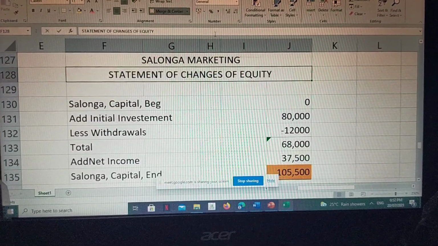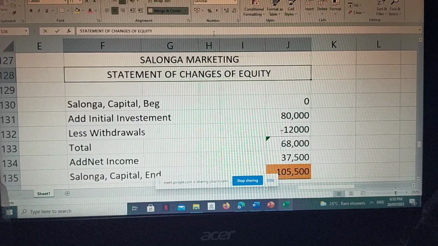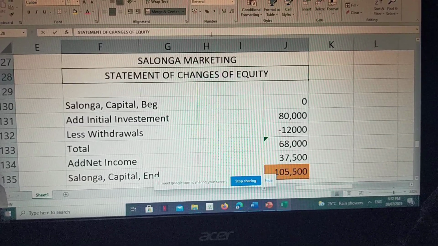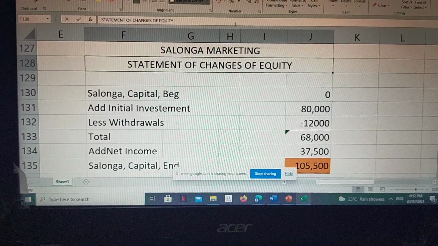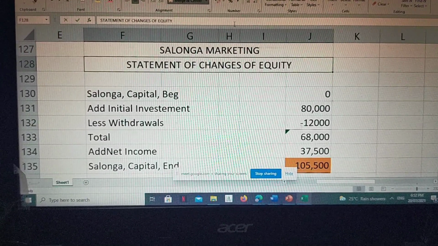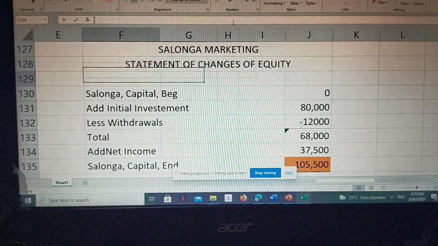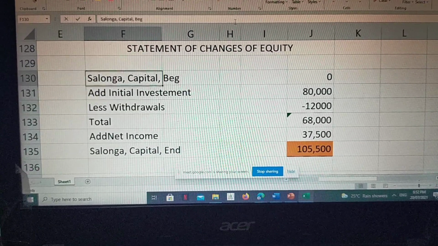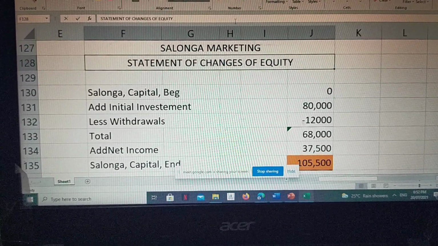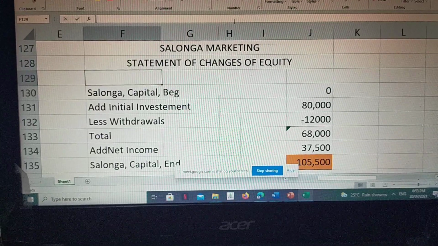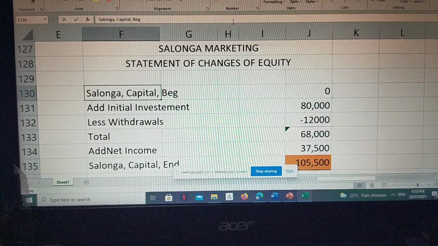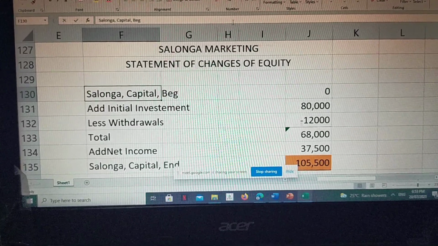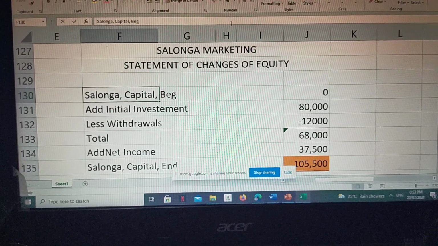That is why nag-umpisa tayo sa chart of accounts and the equation of accounting. Yung assets equals liabilities plus capital or owner's equity. Kaya tayo nag-start doon kasi para malaman natin kung saan sila kabilang or where do they belong or what are their effects sa statements and then sa whole operation of the business in general.